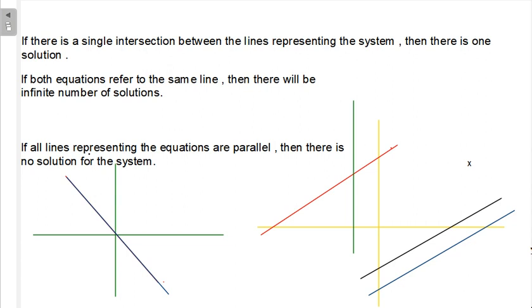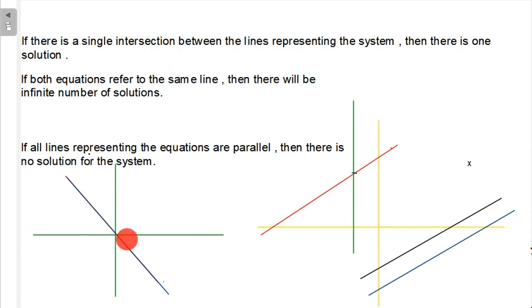So here is one intersection, then there is one single solution for the system. In this case, the lines representing the equations in the same system are parallel. They are not intersecting at any point, so there will be no solutions for the system.